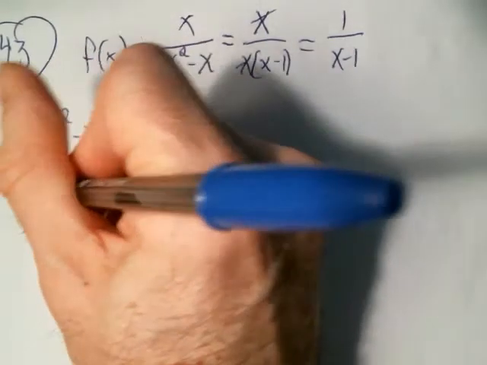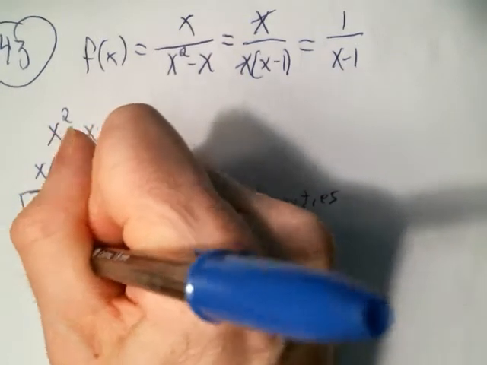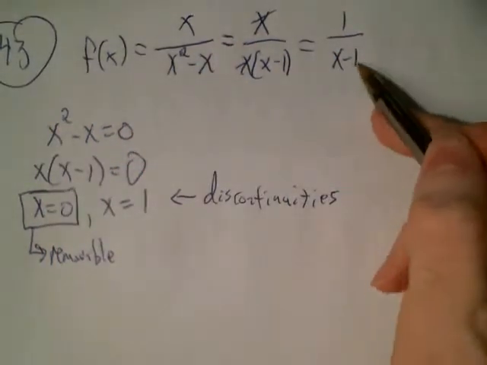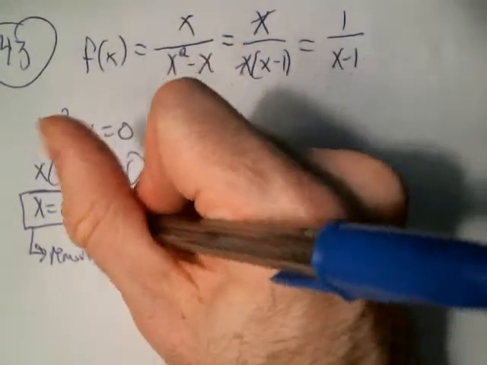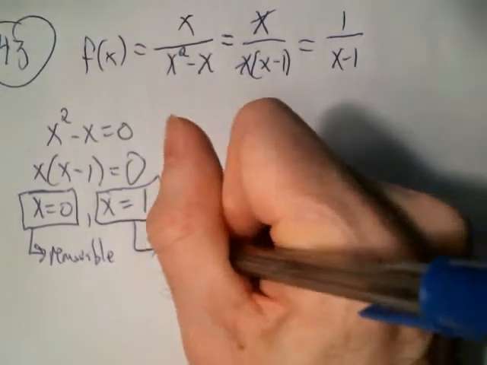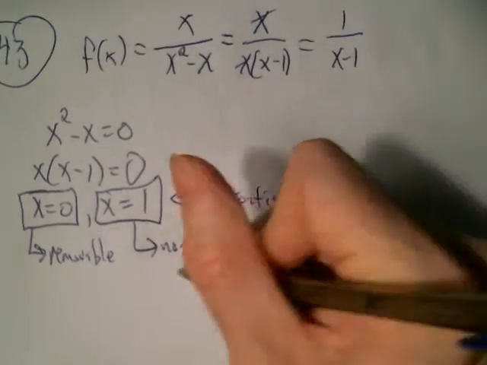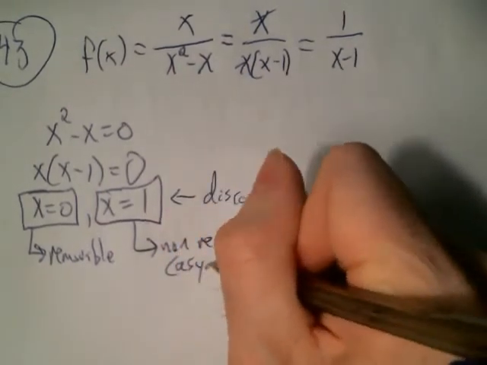So this one is considered removable. And this other one, where you have the asymptote, is non-removable.